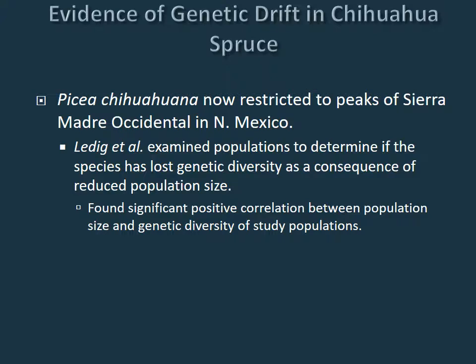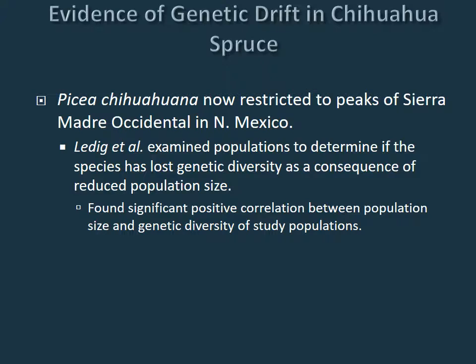And so the example of the spruce in your textbook is essentially saying the same thing. They found that this certain type of spruce in the Sierra Madre range in New Mexico is now restricted just to the peaks of this area, just to the top of the mountains, so it's in a very small habitat that it can survive in. Due to that they've seen a loss of genetic diversity.